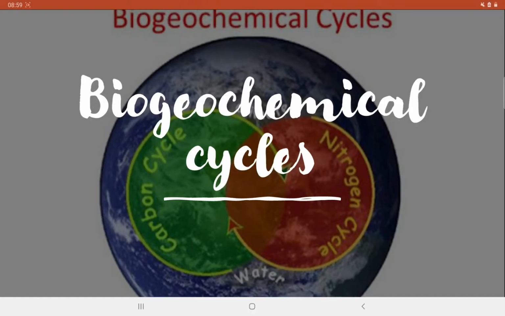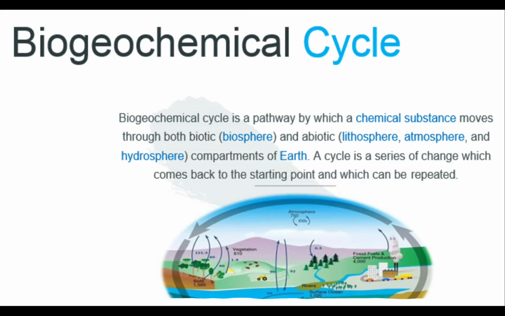So today we're going to proceed with our chapter 4, and in this part we're going to talk about biogeochemical cycles. Okay, so in general, a biogeochemical cycle is a pathway by which a chemical substance moves through both the biotic and abiotic compartments of Earth.